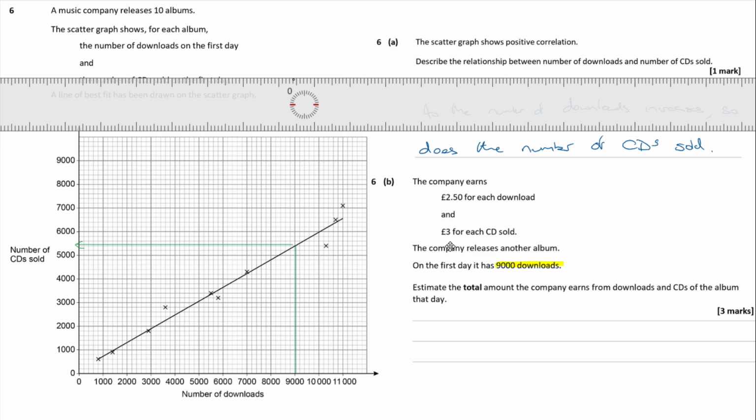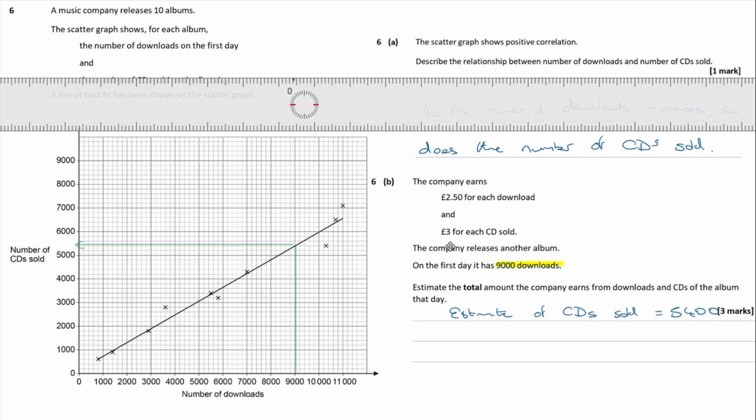It's 200. So 2 squares is going to be 5,400 then, isn't it? That's what it's going to represent. So estimate of CDs sold equals 5,400 from the graph.